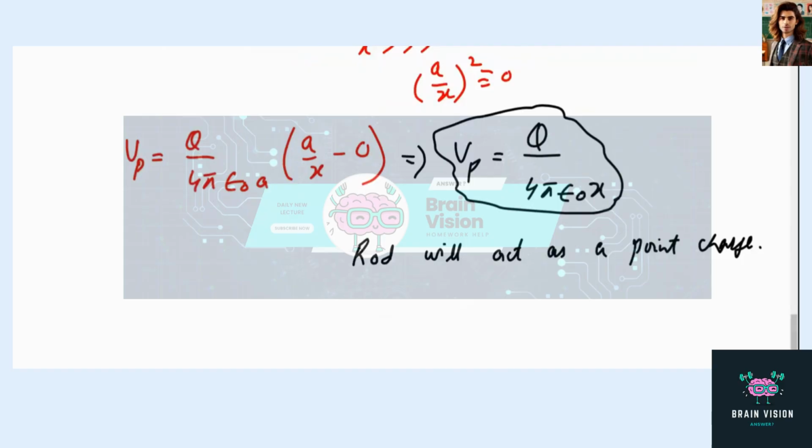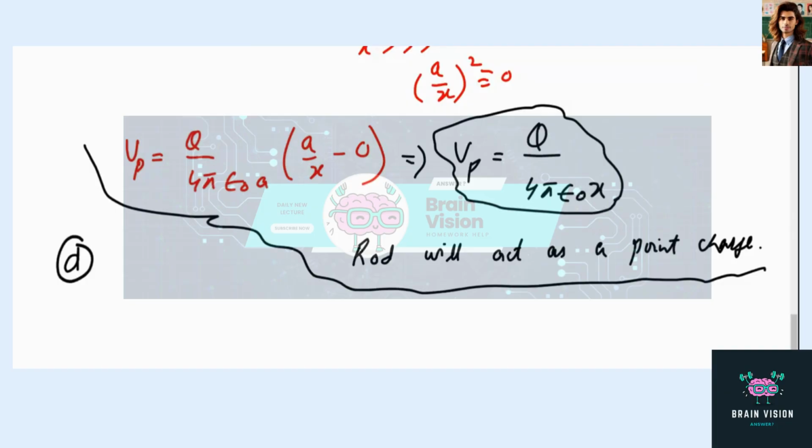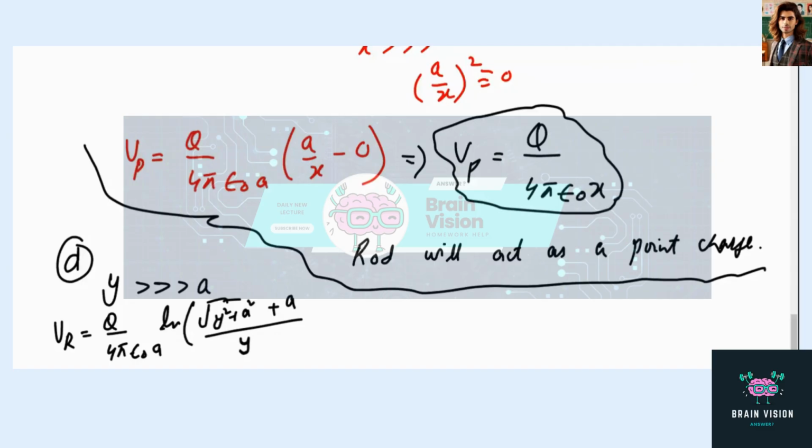Again, when the point R is very far from the rod, that is when y is very much greater than the length of rod, then we can write the potential at R, that is equal to q upon 4 pi epsilon naught a log of square root of y square plus a square plus a divided by y, as y is very much greater than a.